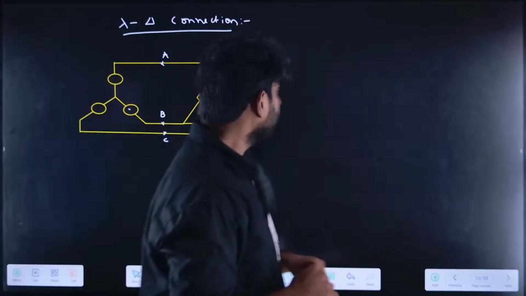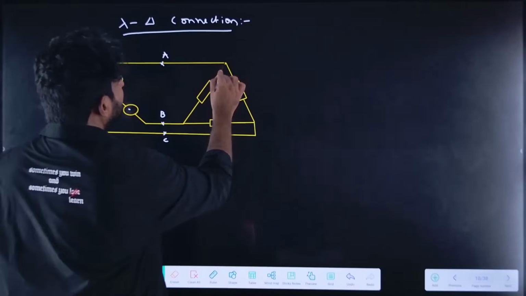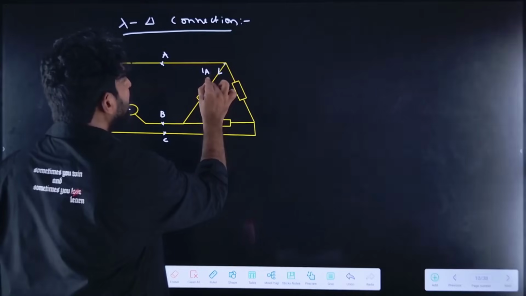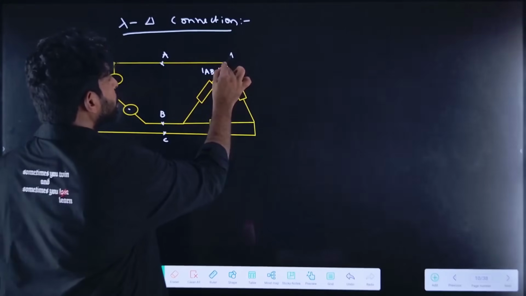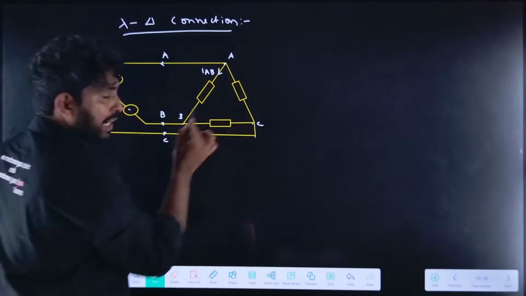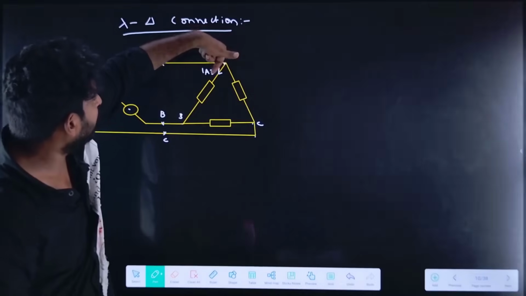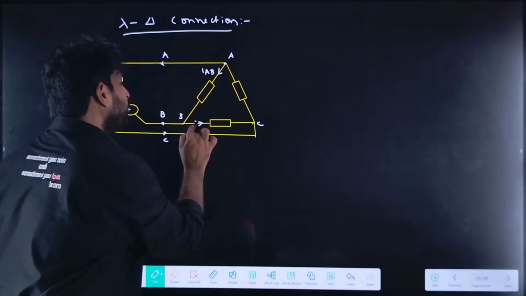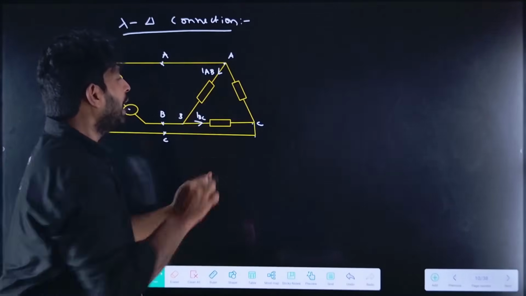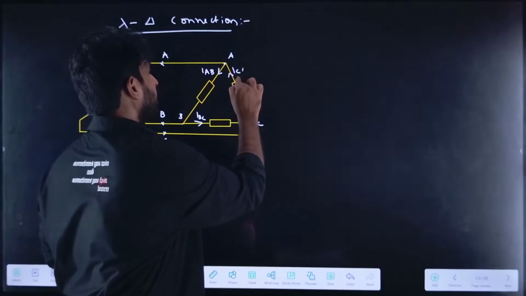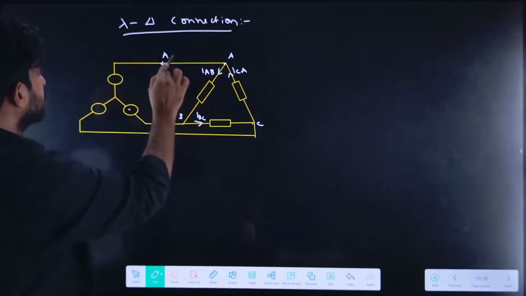Now here I will mark this current as IAB. This also let me mark as A, B and C. The current flowing through A and B is IAB, the current flowing through B and C is IBC, and the current flowing through C and A is ICA. Now let us find IA.